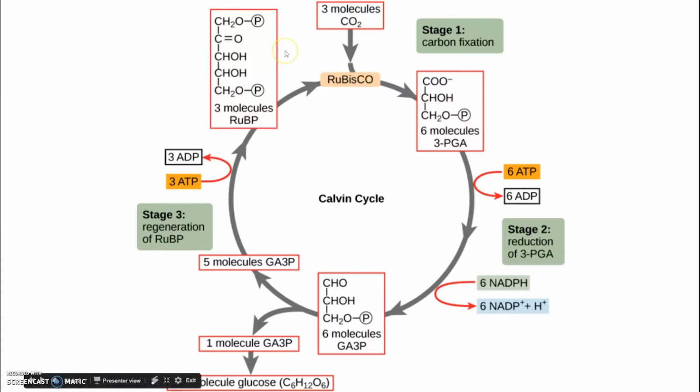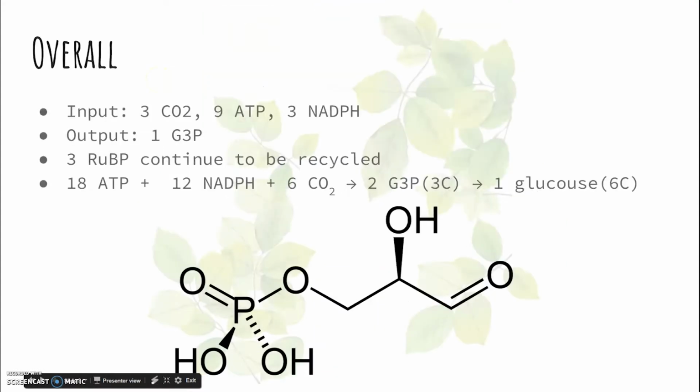That's what allows the Calvin cycle to happen over and over again, because Rubisco can only bind with RuBP and CO2, so you need that regeneration to happen in order for it to work. So overall, let's go over the Calvin cycle in a nutshell. You have the two inputs. The numbers kind of matter: 3 CO2, 9 ATP, 3 NADPHs are just numbers so that 1 glucose can be made.